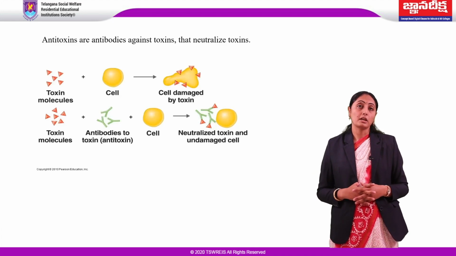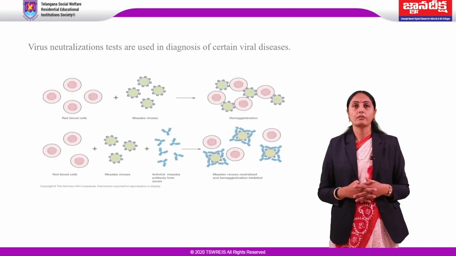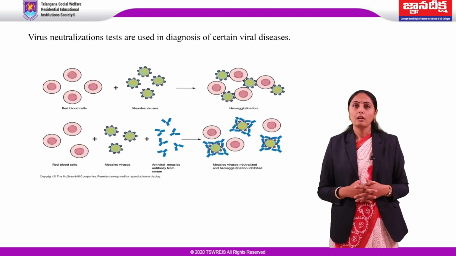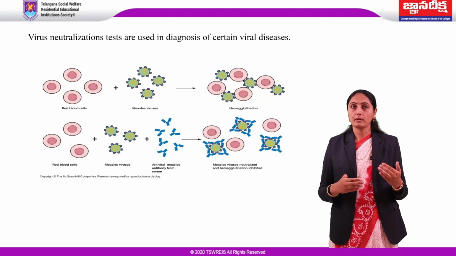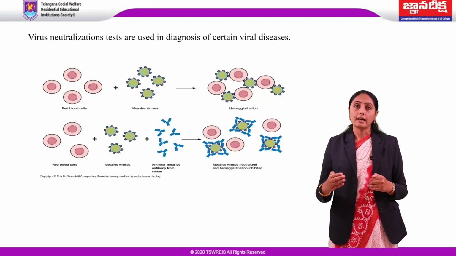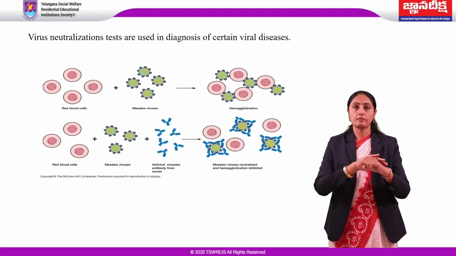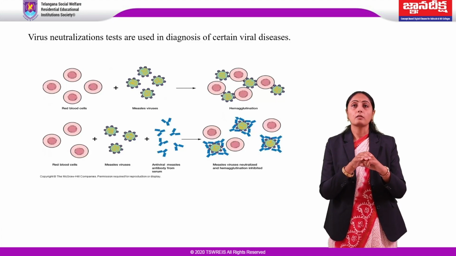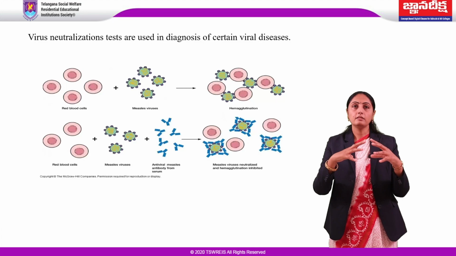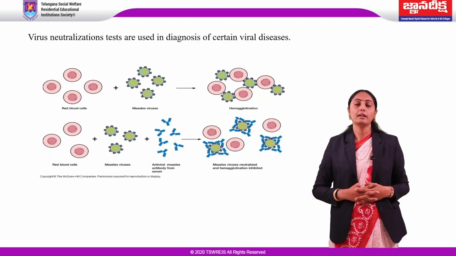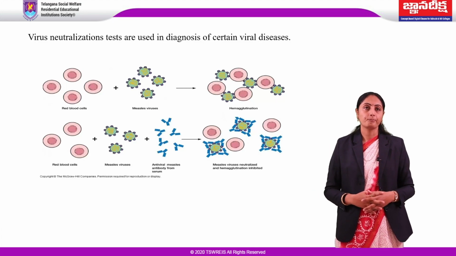Neutralization reactions are also used in diagnosis of certain viral diseases. Some viruses like influenza, measles and mumps virus can bind to sialic acid receptors on the surface of RBCs with the help of their hemagglutinin spikes. This binding results in visible clumping, which is called hemagglutination.